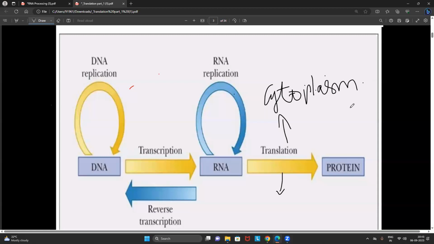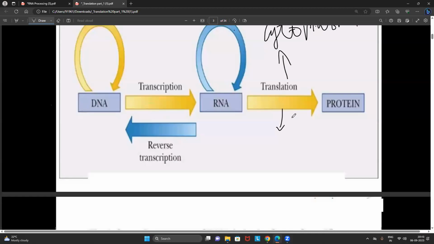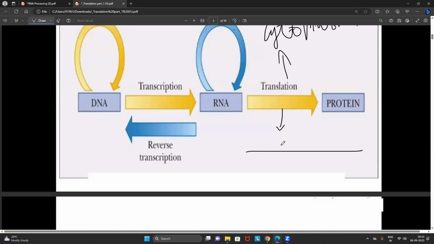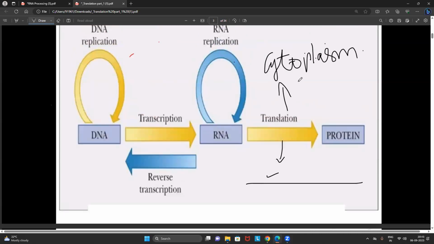Now, the very important point you have to remember, whether it is a prokaryotic organism or a eukaryotic organism, whenever the protein gets synthesized, the protein never acquires biological activity. That's a very important point, friends. The protein is a biologically inactive protein, an immature protein. So to make the inactive protein mature, we have to do some modifications again.